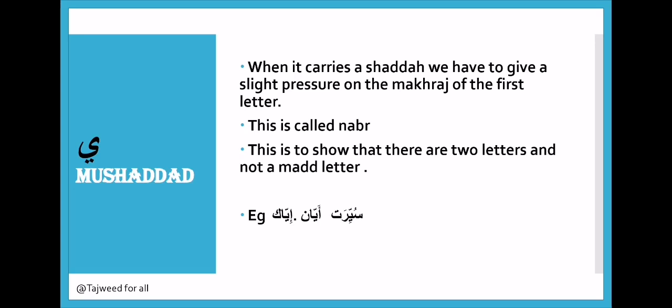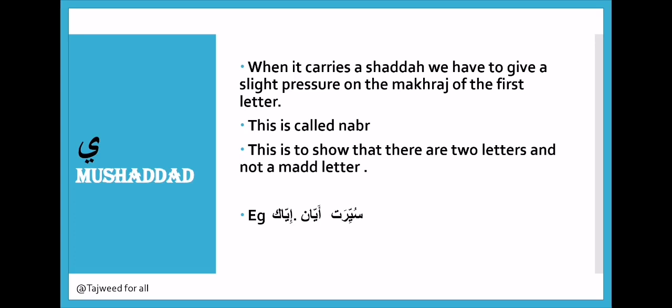Okay, for here the ya shadda before it is a dhamma, they will do an extra, slight pressure on the first ya. We know that shadda means two letters. Okay, first will be sukoon and the second will be haraka. The first ya, they will slightly add a pressure so that the sound of the letter will be more clear.